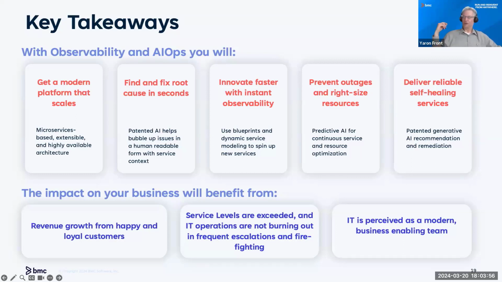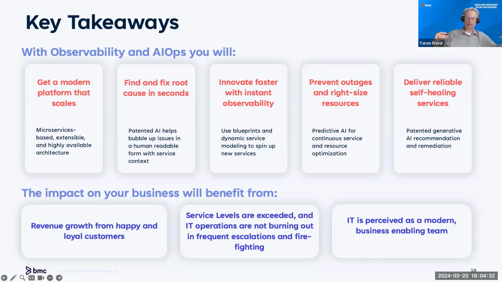You want to be able to find and fix root cause in seconds instead of hours or minutes. You want to be able to innovate faster with instant observability. You want to be able to prevent outages and incidents and things like slowness and response time issues by right-sizing your resources, so using AI to predict and continuously optimize your resources.